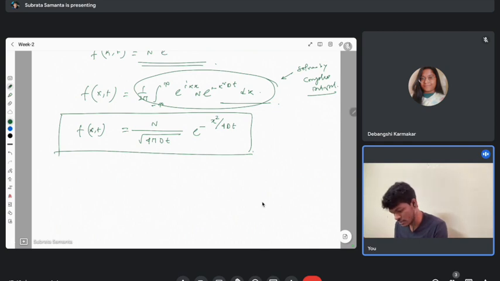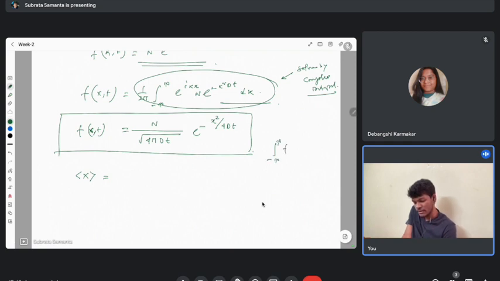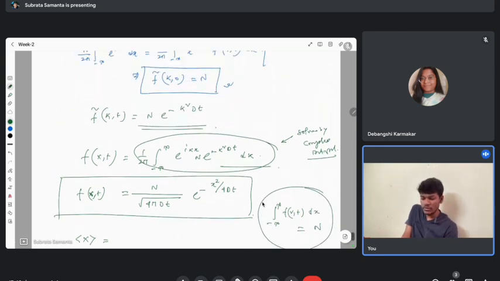Now from this distribution, if you calculate the x average, what is it? What is the normalization? If we calculate the normalization, the integral of f of x,t dx, it is N, right? As you already told here.